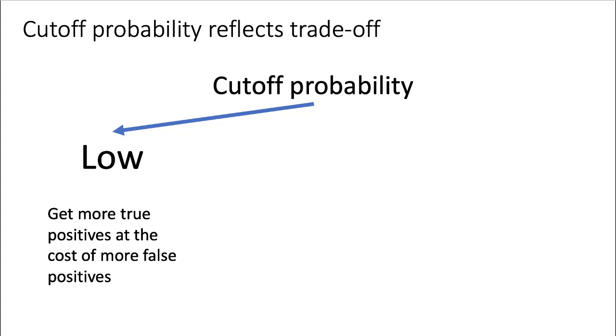Then the cutoff may be such that we eliminate that, we miss that buyer. Whereas if you have a very low cutoff, then you will capture more and more of the actual buyers, even if their probability is low. But of course, that is going to come at the cost that a lot of people who are not buyers, a lot of negatives, you're also going to classify as positives.